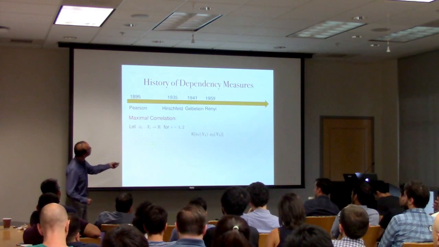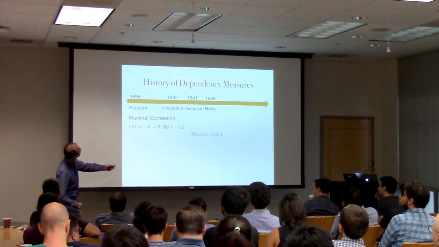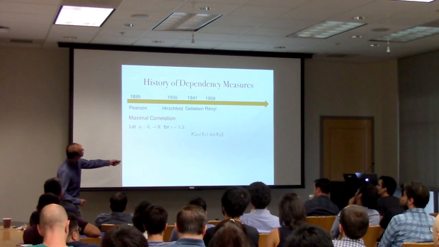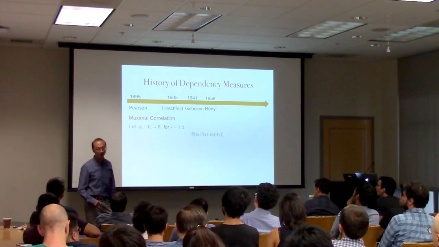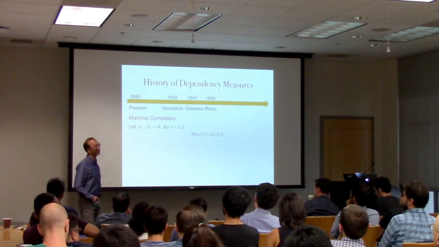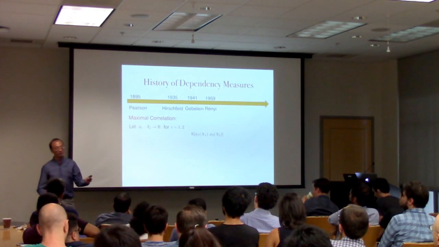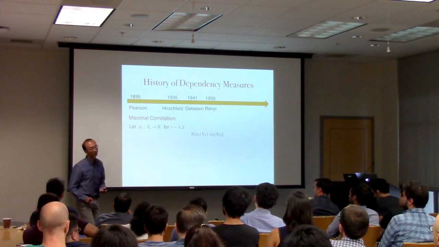Since the correlation is label variant, you can think of phi as some function which is a relabeling of x1, x2. Now instead of computing the correlation between x1 and x2 directly, you compute the correlation between phi 1 of x1 and phi 2 of x2.